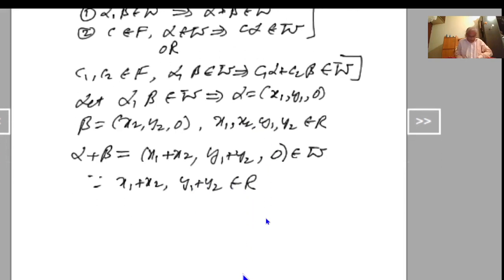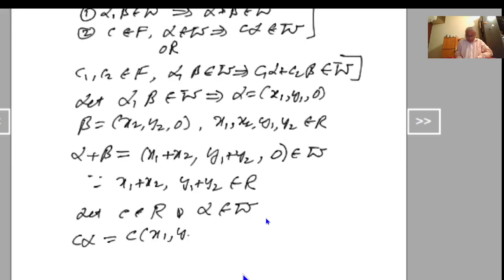Next we go for the second. Let C belong to R and alpha belong to W. Then what is C into alpha? C alpha equals C into (x1, y1, 0), this is equal to (Cx1, Cy1, C into 0 which is 0). Does this belong to W?